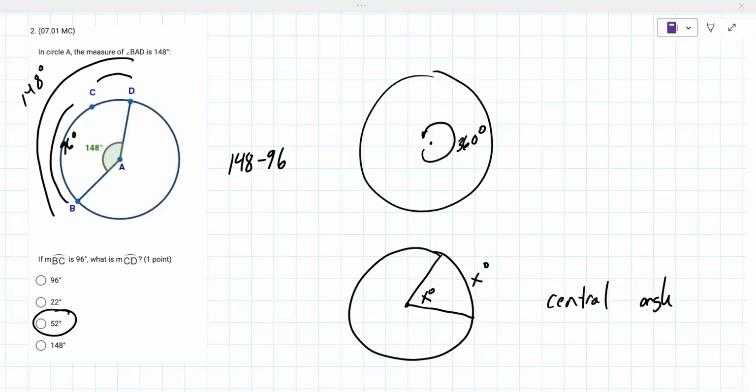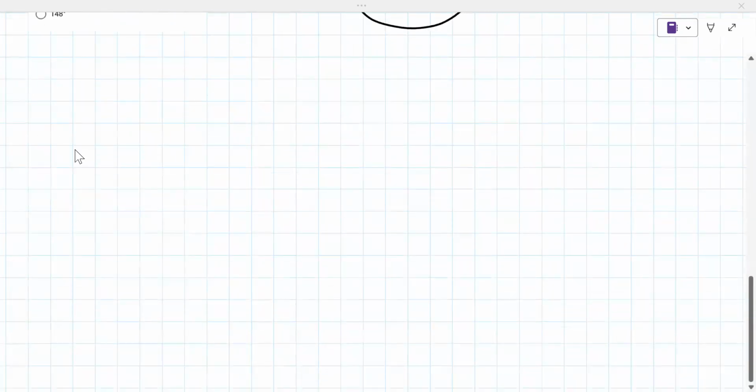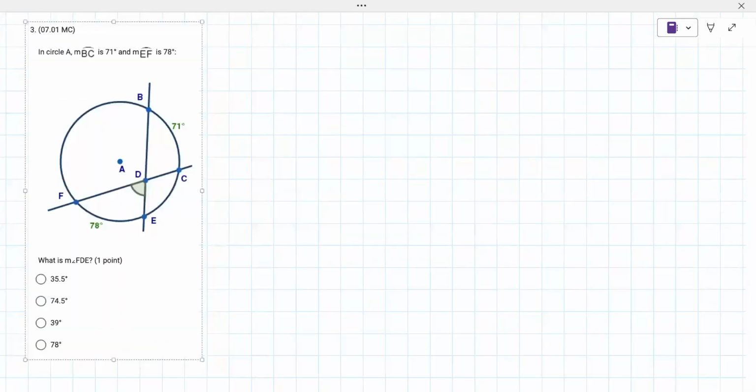All right, here's the next question in the chat. Yeah, there's a ton of properties with circles. There's stuff with angles and lengths.